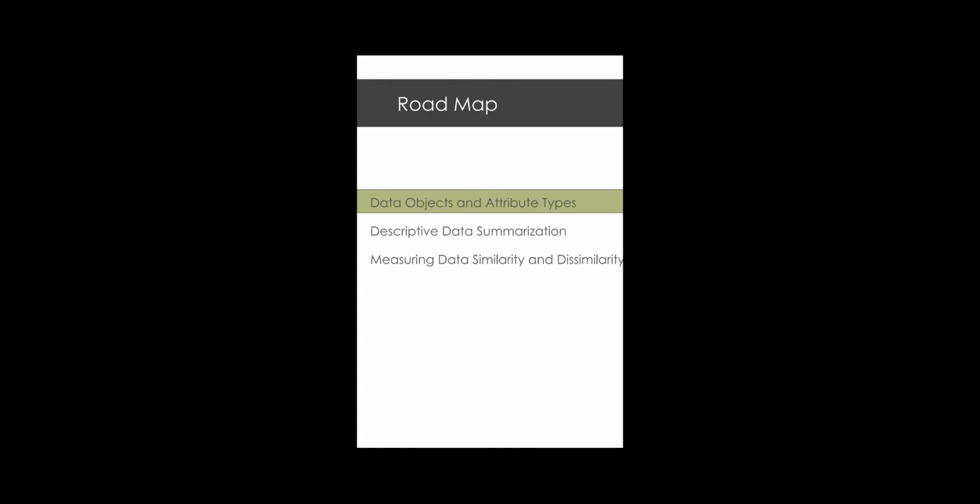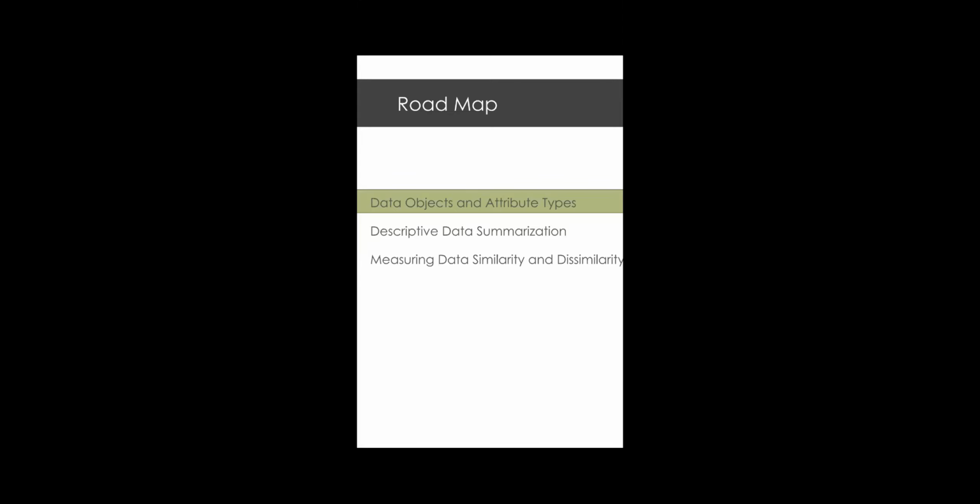For example, if only one attribute is there in a particular entity, that is called a univariate distribution, or if two attributes are there in a particular entity, that is called a bivariate distribution.